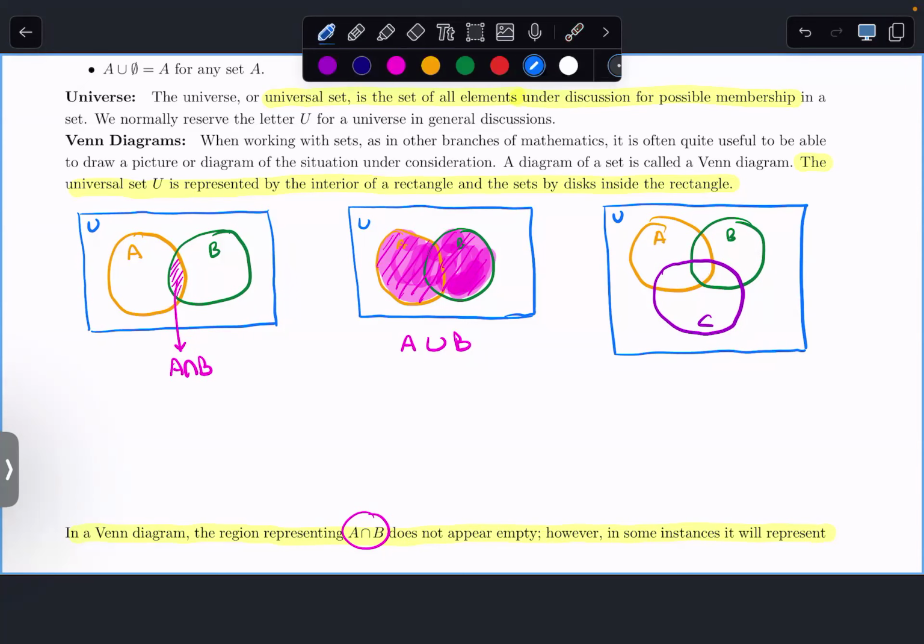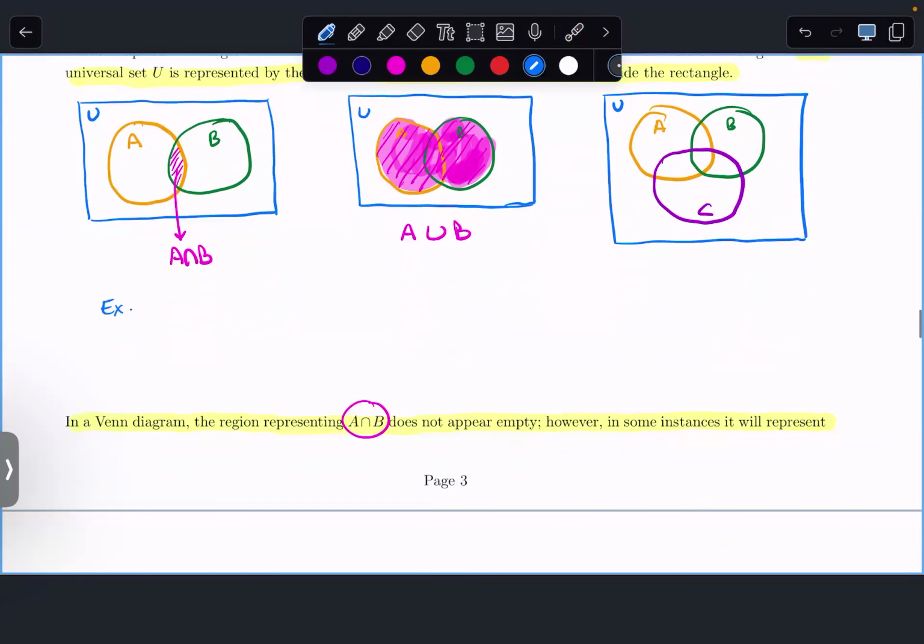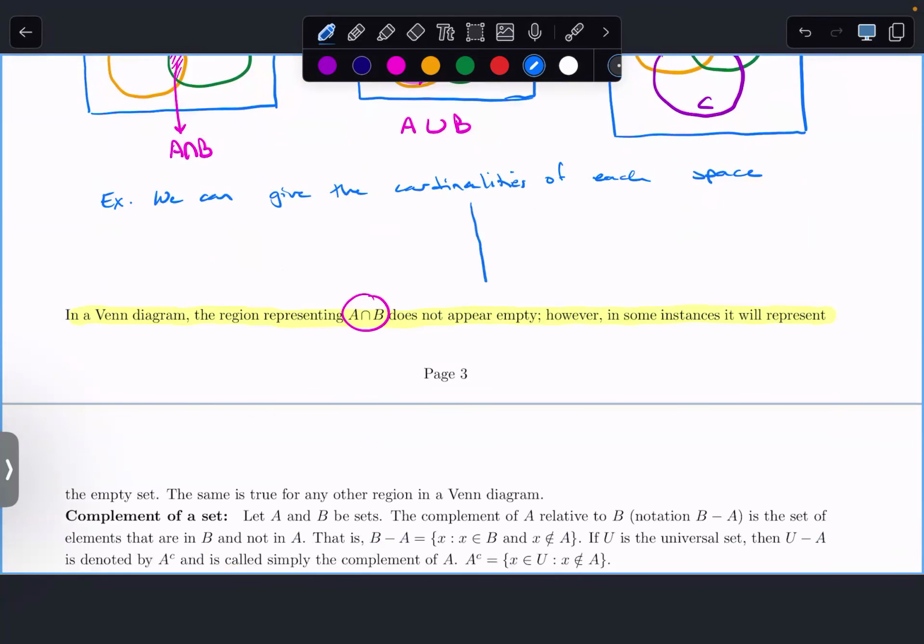So, for example, let's do an example. We can give the cardinalities of each space. It might look something like this.